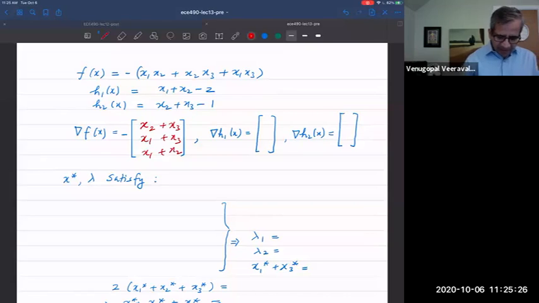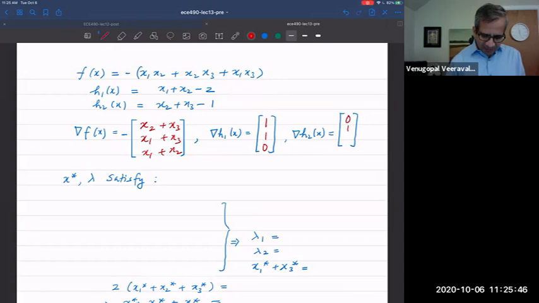Easy. And the gradient of h is the rows of the A matrix. So you get 1, 1, 0, and 0, 1, 1. Easy enough to do.